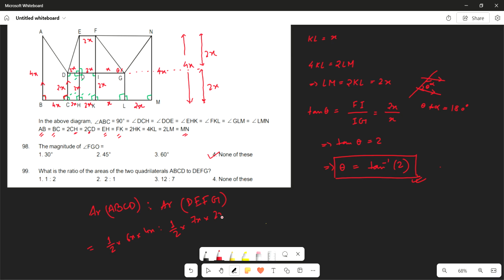The height is 2x. Half and half get cancelled. So the ratio is 24x square to 14x square, which gives me 12 to 7. So the correct answer will be option 3.